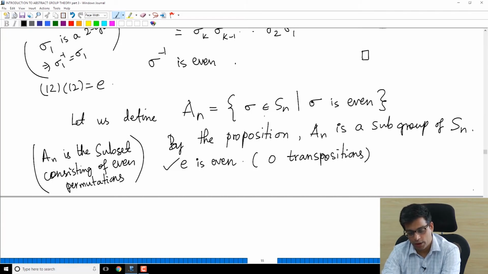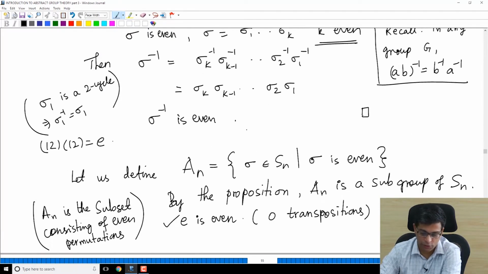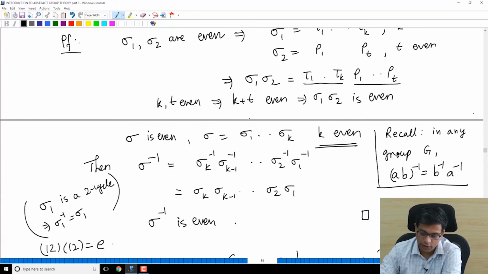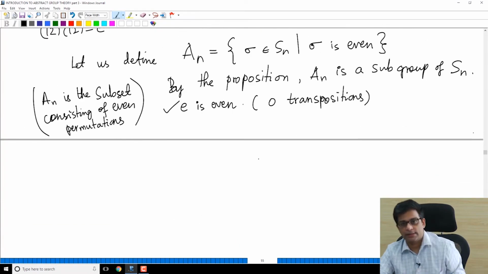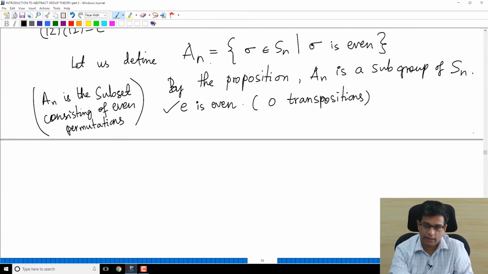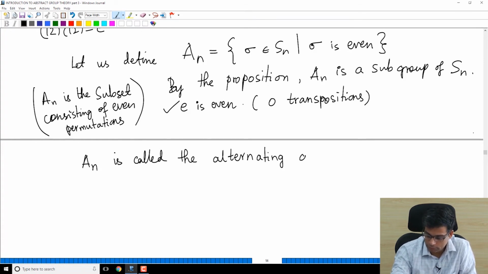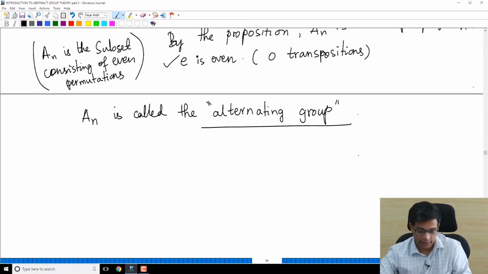And if you take two elements of An, the product is again in An. That was the proposition. If two permutations are even, the product is even. If you take something in An, its inverse is also in An because it's even. So An is called the alternating group, and it's a subgroup of Sn.